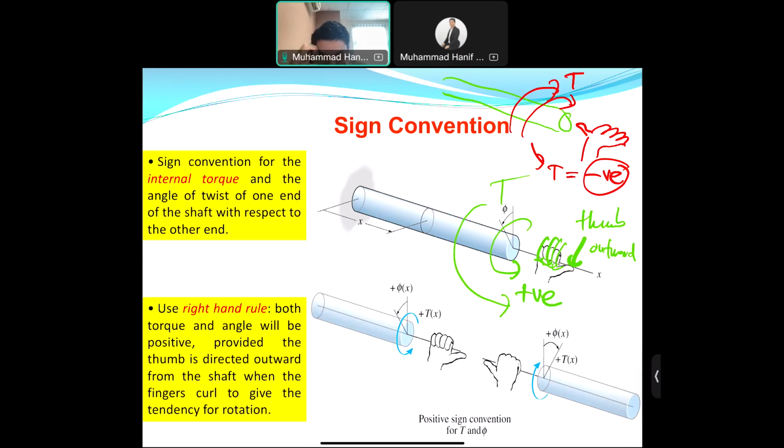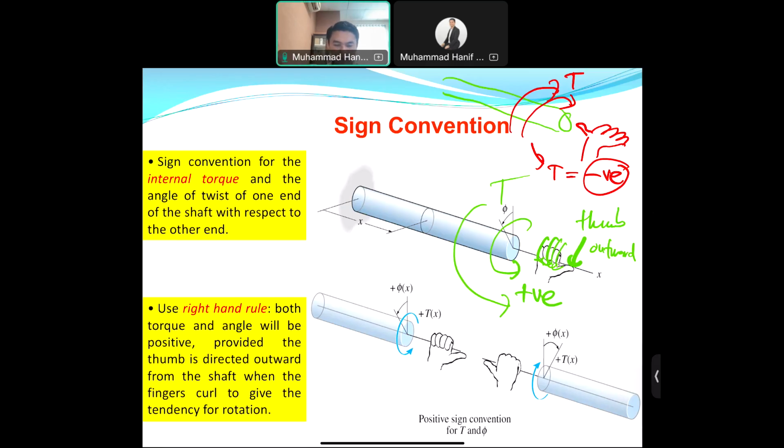So the figure below is the same example. If the thumb is pointing upward, the T is positive. Same goes for this one: the thumb is pointing upward, so T is positive here. Let's read the statement here. Sign convention for the internal torque and the angle of twist of one end of the shaft with respect to the other end.